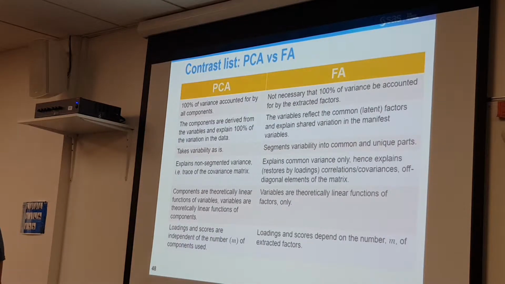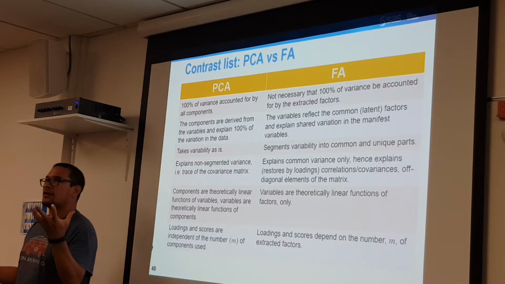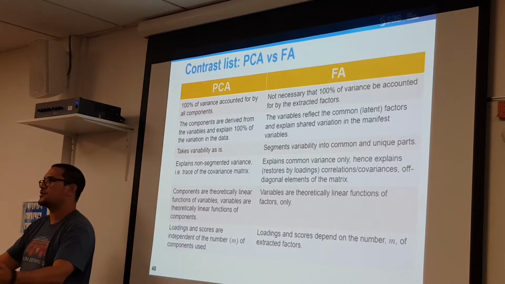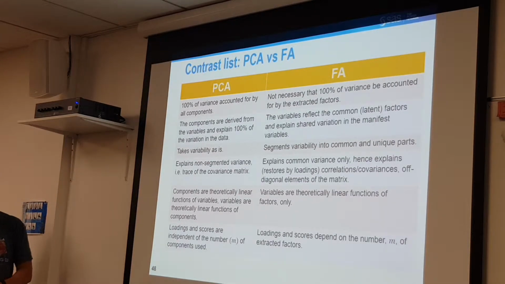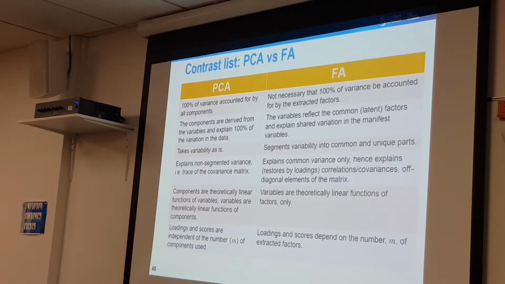This is a list contrasting a PCA versus a factor analysis, because it's easy to conflate the two, and a lot of professional statisticians do. In a PCA, you don't discriminate between communal variation and unique variation. You're just saying there's variation, and that's all there is. A factor analysis is different. We are only interested in analyzing the communal variation, because that's the stuff that we think is created by the latent constructs underlying this.